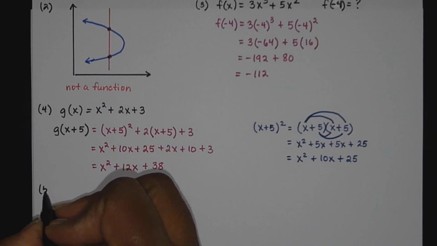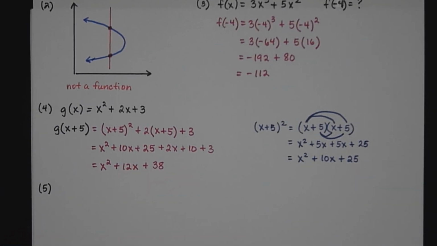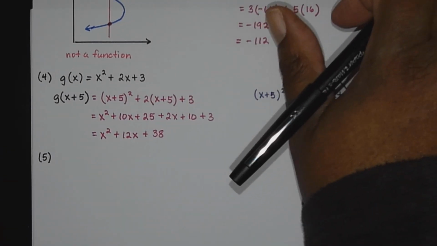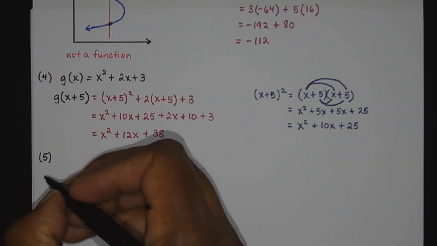Now, in number 5, A, B, and C, you're going to use the graph that's given to you to determine the open intervals on which the function is increasing, if any, the open intervals on which the function is decreasing, if any, and the open intervals on which the function is constant, if any.